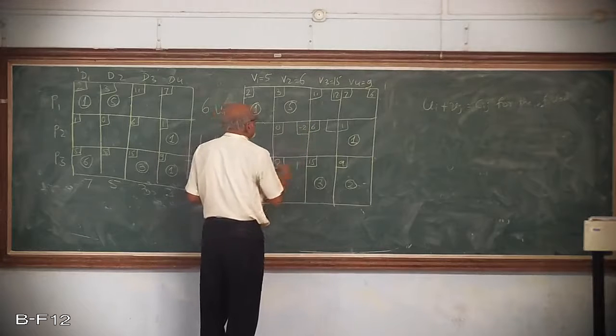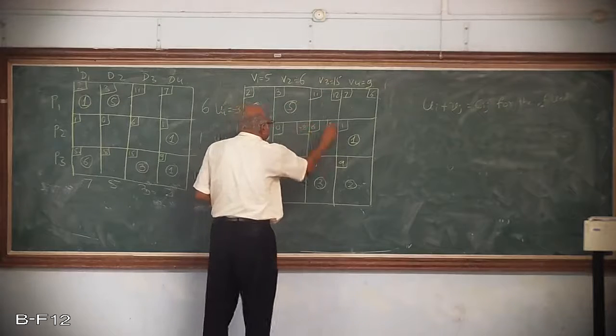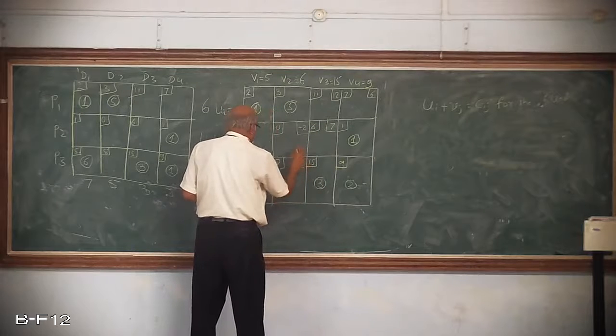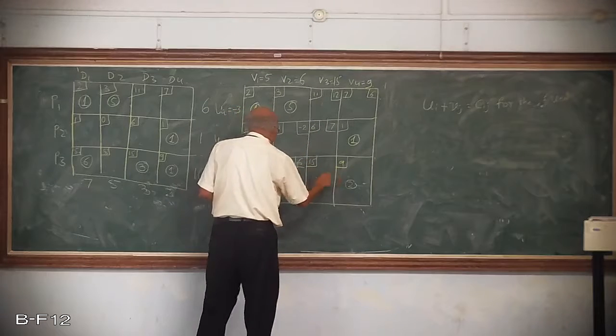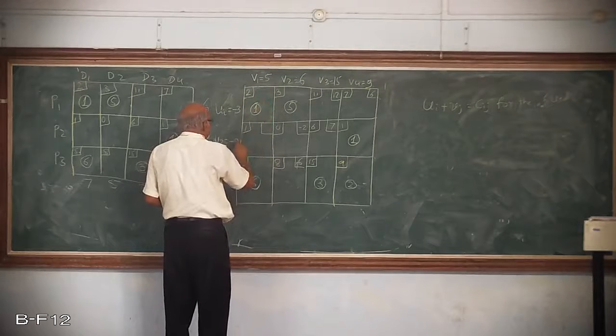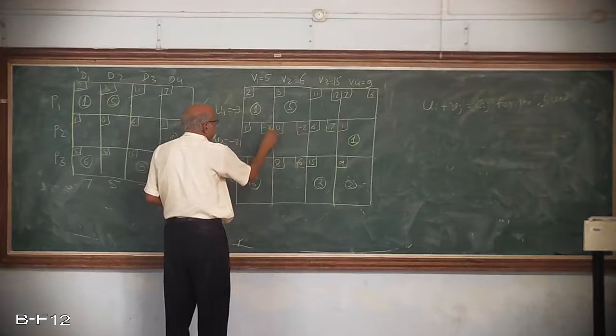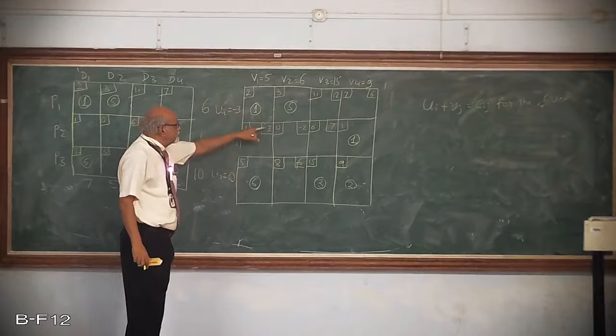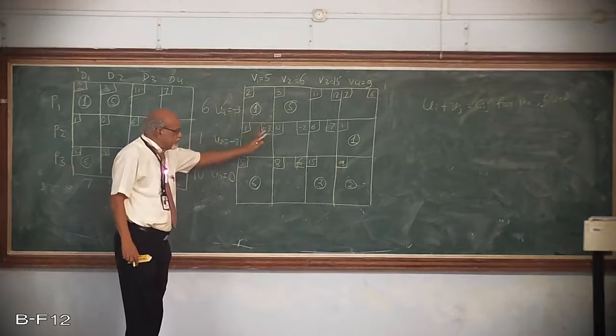Okay. 15 minus 8, this is going to be 7. This is going to be 6. No point in finding out for this. 5 minus 8, it is going to be minus 3. Okay. So we have found out the ui plus vj values like this in the same table.